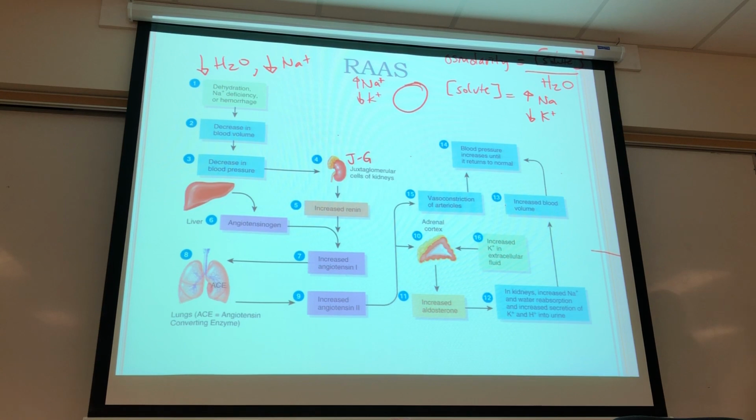They have baroreceptors that detect the amount of blood flowing through that area. Because as you know, the kidneys are responsible for blood filtering. And as blood flows through, it can determine the amount of output. It's saying, this is how much blood is flowing through. And if there's not enough, it's going to release an enzyme called renin. And renin is going to come in and start floating through the circulatory system.